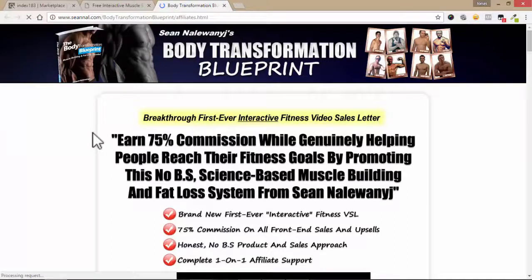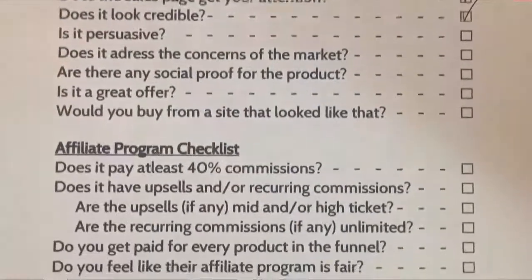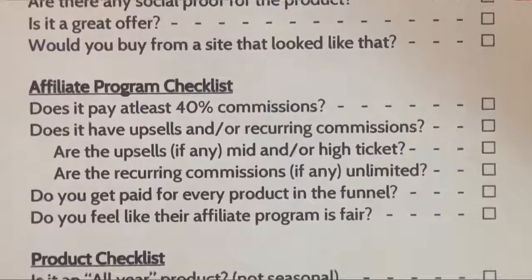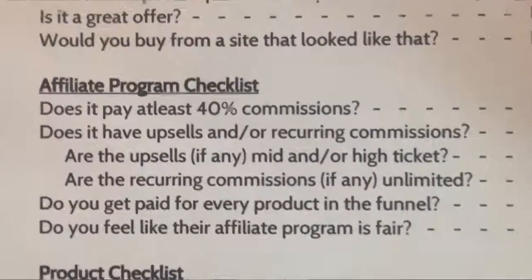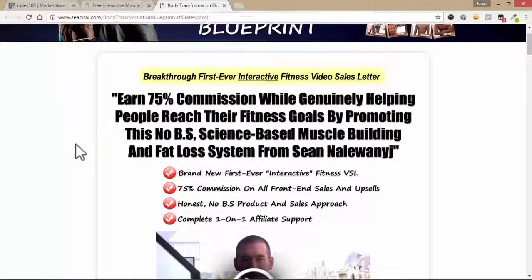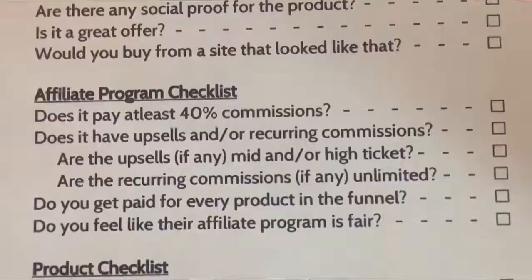So this is for the affiliates. So if you look at the checklist that you printed out, there's an affiliate program checklist. The first one is, does it pay at least 40% commissions? It pays 75%, so I can check that off.